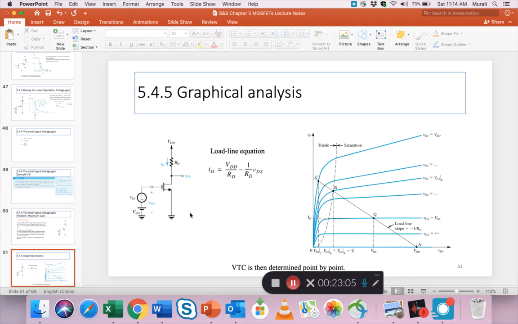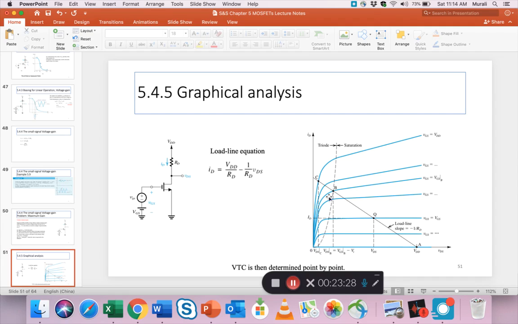Is it possible to do it quickly just using paper? And the answer is yes, because these blue lines are given by the manufacturer of the NMOS or PMOS transistor. So you can get these characteristic curves.